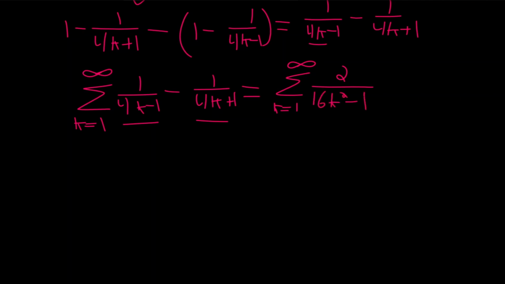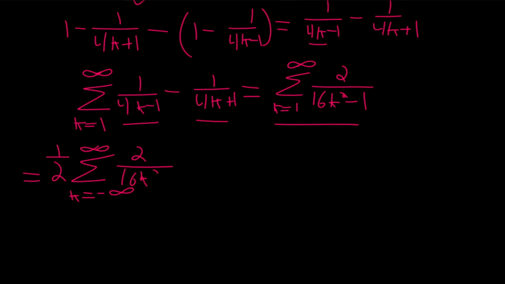And what's nice about this, actually, is it's symmetrical. So if we make k negative, we end up with the exact same thing as if k was positive. This means that we can actually express this sum right here as 2 times the sum from k equals negative infinity to infinity of, or sorry, 1/2 the sum from k equals negative infinity to infinity of 1 over 16k squared minus 1.